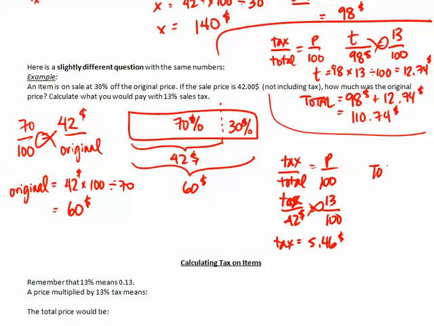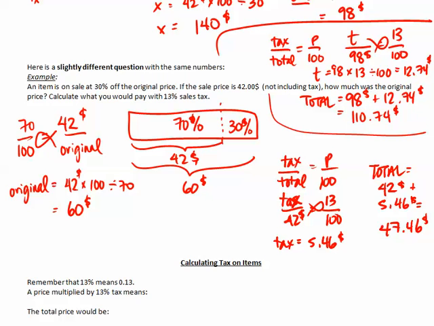That means my total amount now is equal to $42 plus $5.46. So now I'm paying $47.46. Notice that we use the same numbers for both of the questions, but the 70% and the 30% and the sale price of $42, or the amount that I saved of $42, is slightly different, and it changes the entire question in terms of what I will be paying and what tax I'll be paying on that amount.